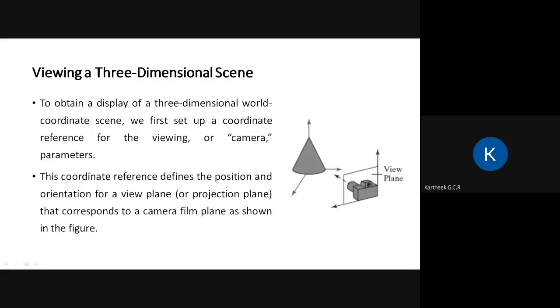Now, one of the important things that comes into the picture in 3D is the viewer, meaning a camera. We can consider this camera as the place from which you are seeing the object. Imagine you're taking a photo.